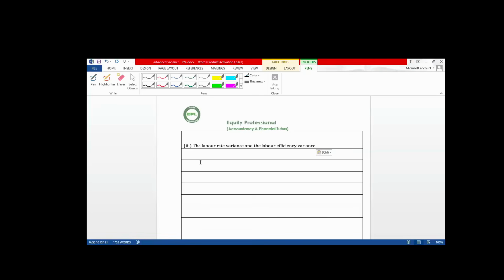Variance, budgets, activity-based costing, relevant costing, all those things will be there.